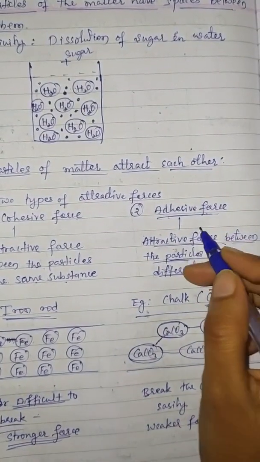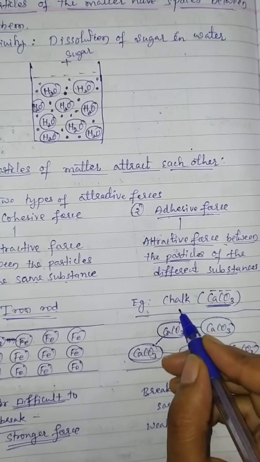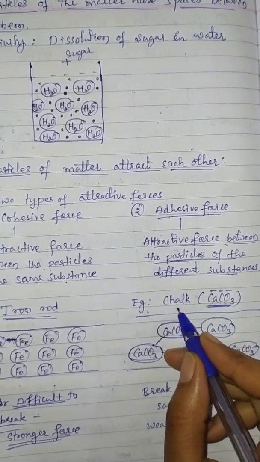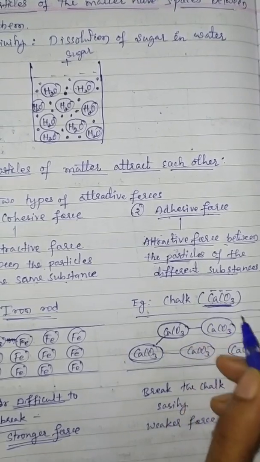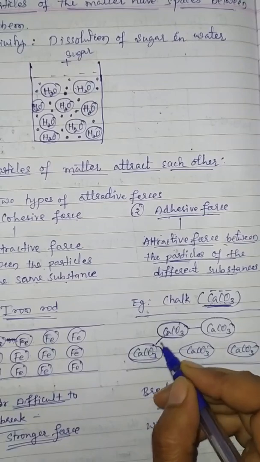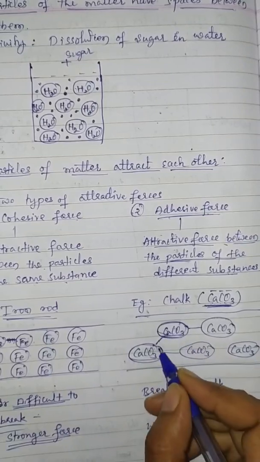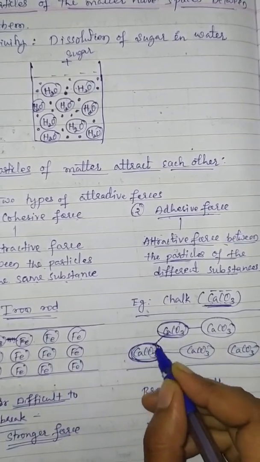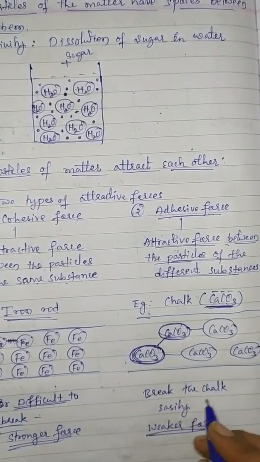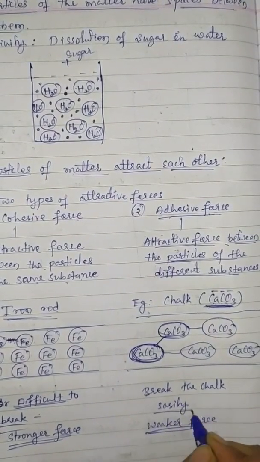For adhesive force we can take the example of chalk, made up of calcium carbonate. Here the attractive force is between the particles of different substances, and this type of force is weaker, therefore we can break the chalk easily.